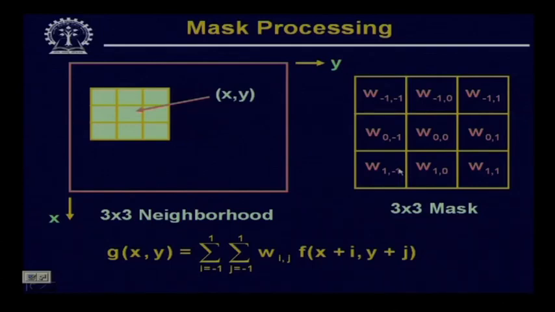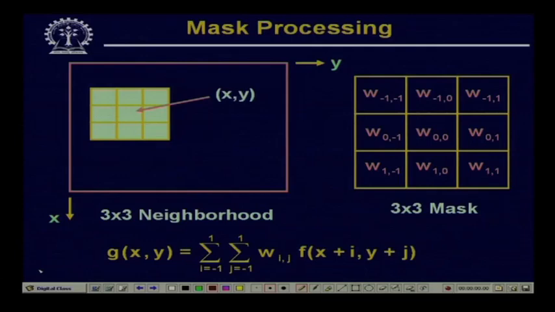On the right hand side we have shown a mask. This is a given mask of size 3 by 3, and the different elements in the mask, that is w(-1,-1), w(-1,0), w(-1,1), w(0,-1) and so on up to w(1,1), represent the coefficients of this mask.